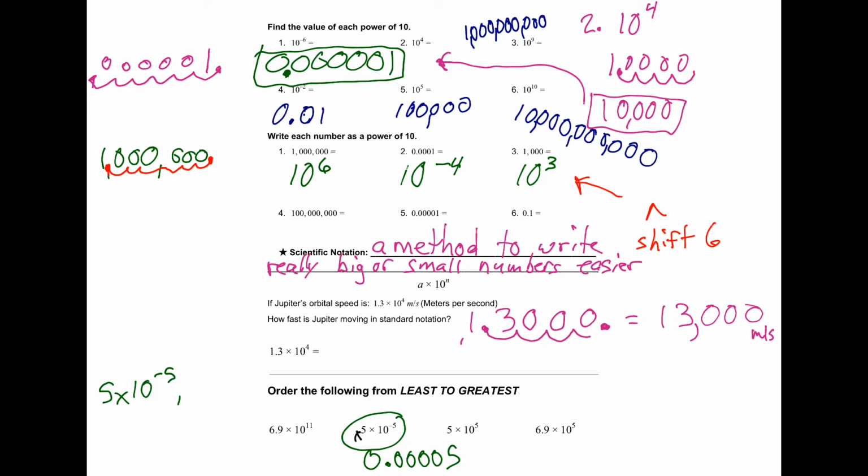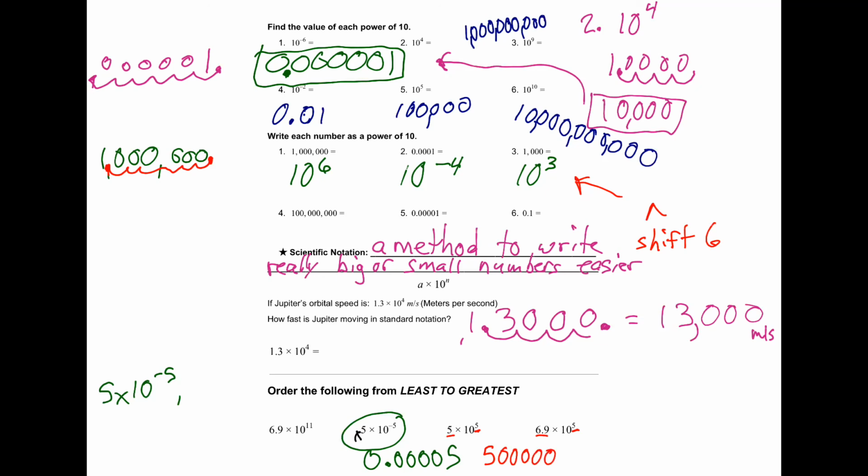So the next thing we look at is I see that I have 2 exponents that are both 5. That makes this problem a little bit challenging, but if those are tied, then we need to make sure that we are looking at the number in front of the decimal. Which one of those is least? Is 5 smaller or is 6.9 smaller? Because remember, these two numbers are going to be 5 and then 5 zeros, 1, 2, 3, 4, 5.